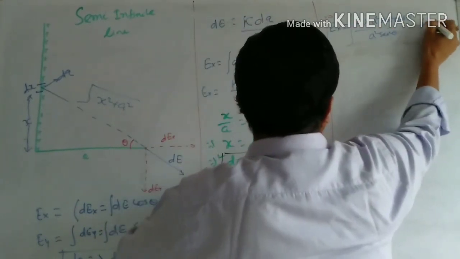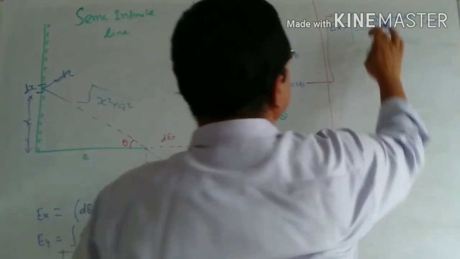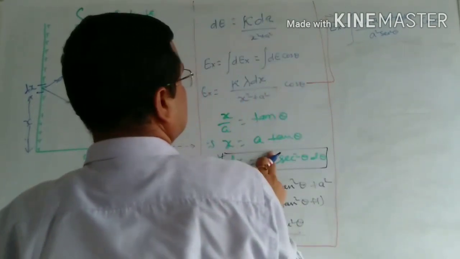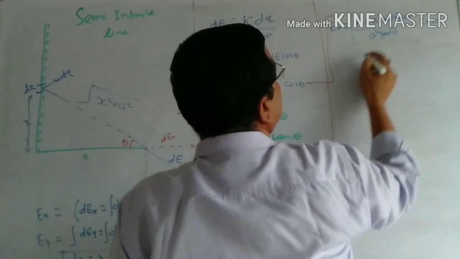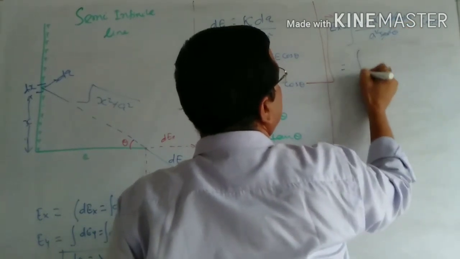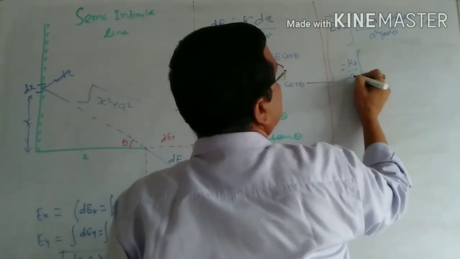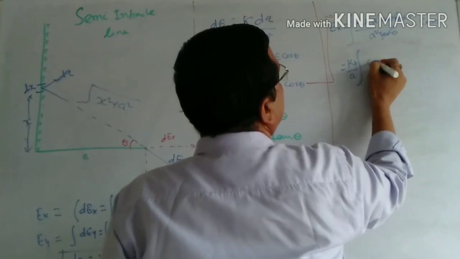Integration cos theta. Sorry, this is a sec square theta d theta. So a cancels, sec square theta cancels. So what will happen? Integration, k lambda by a is constant. What is under the integration? Cos theta and d theta only.